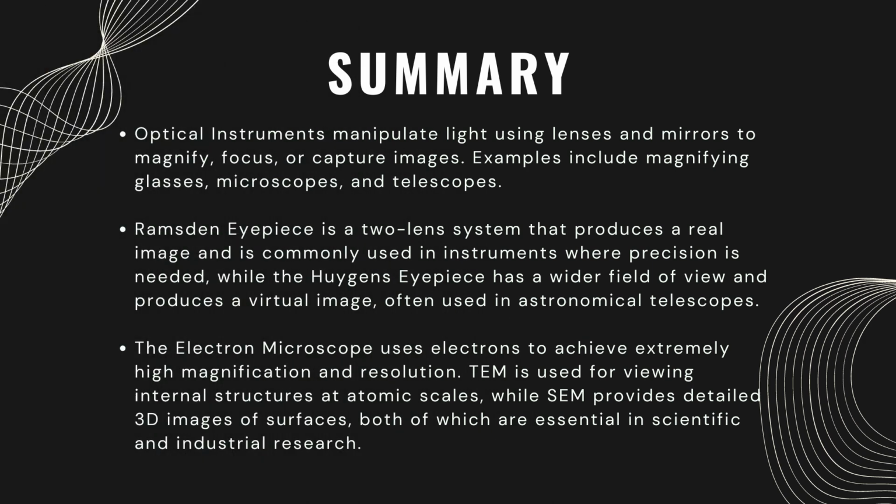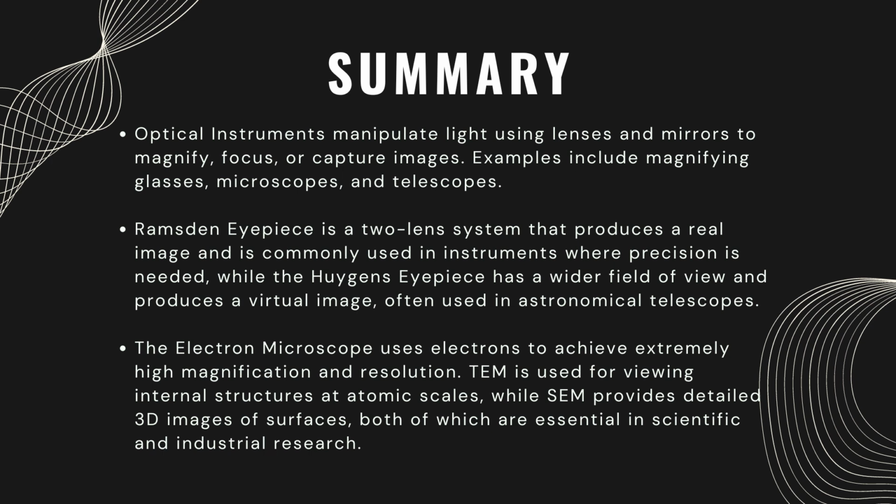Let's have a look at the quick summary. Optical instruments manipulate light using lenses and mirrors to magnify, focus, or capture images. Examples include magnifying glasses, microscopes, and telescopes. Ramsden eyepiece is a two-lens system that produces a real image and is commonly used in instruments where precision is needed, while the Huygens eyepiece has a wider field of view and produces a virtual image, often used in astronomical telescopes.